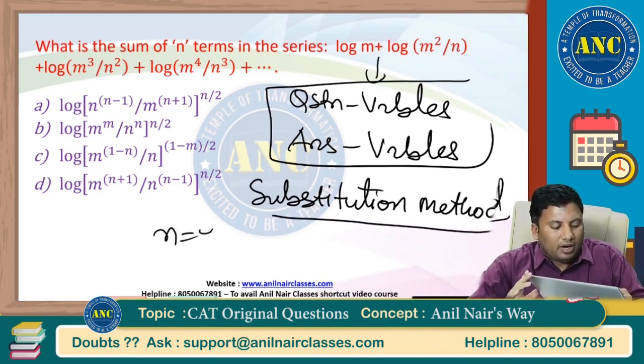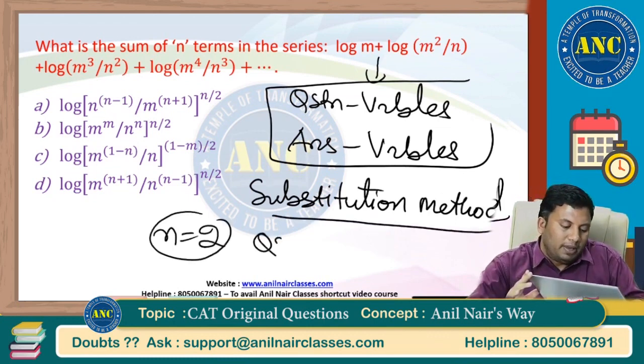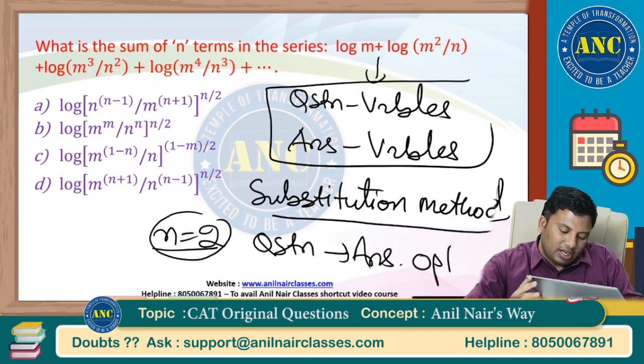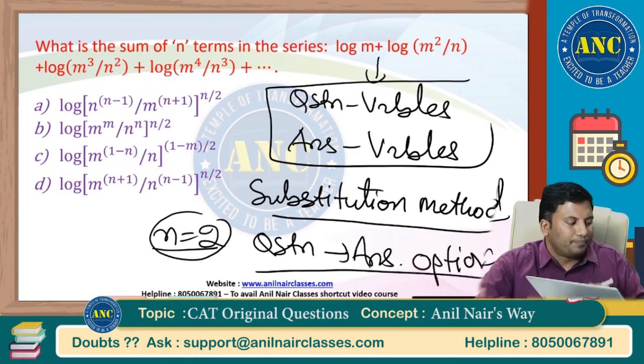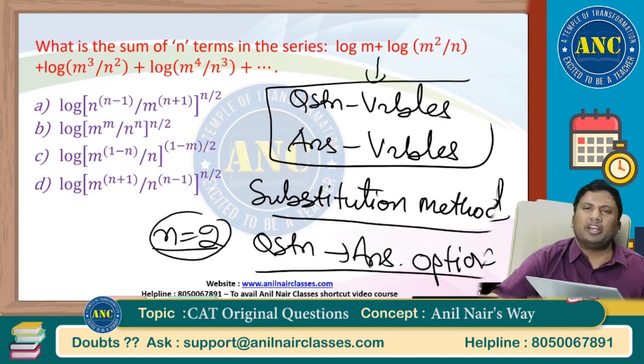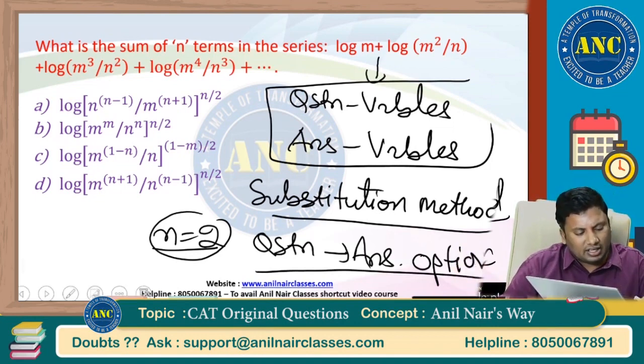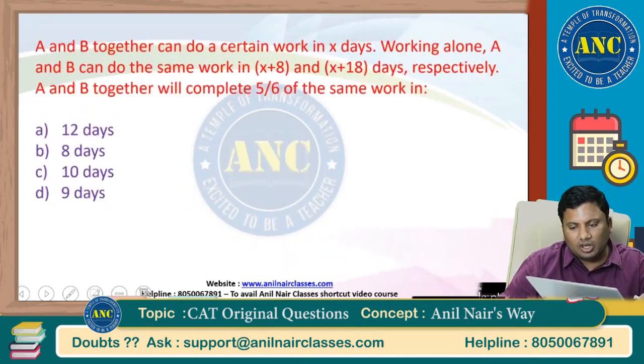Put n equivalent to 2. The question should be matching with the answer option. Put n equivalent to 2 or n equivalent to 1. If n equivalent to 1 is matching, that will be the answer. I hope this is also clear.